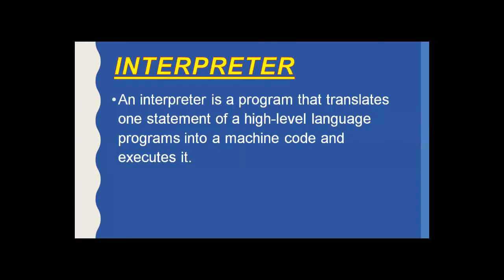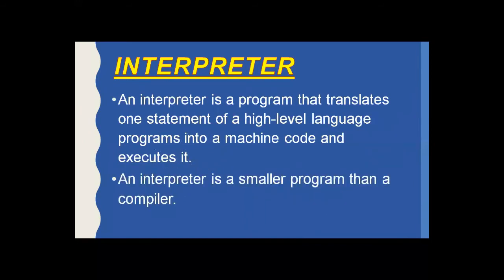An interpreter is a smaller program than a compiler. Why? A compiler can translate the complete program code, but an interpreter can only read one statement at a time. So that's why an interpreter is a smaller program than a compiler.